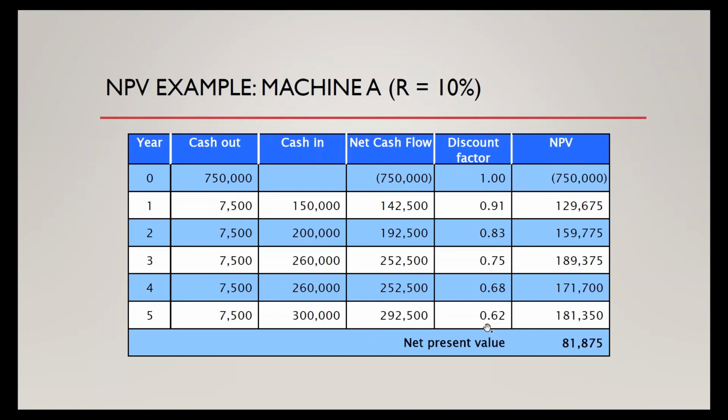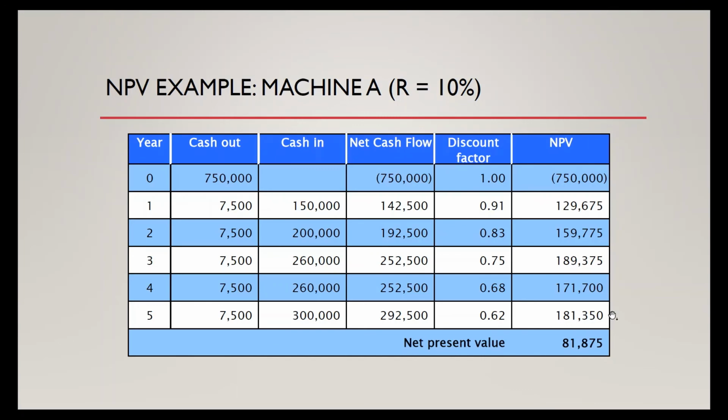And this 0.62 comes from the discount factor of year 4, which is 0.68. Once again, we want to divide this by 1.1.